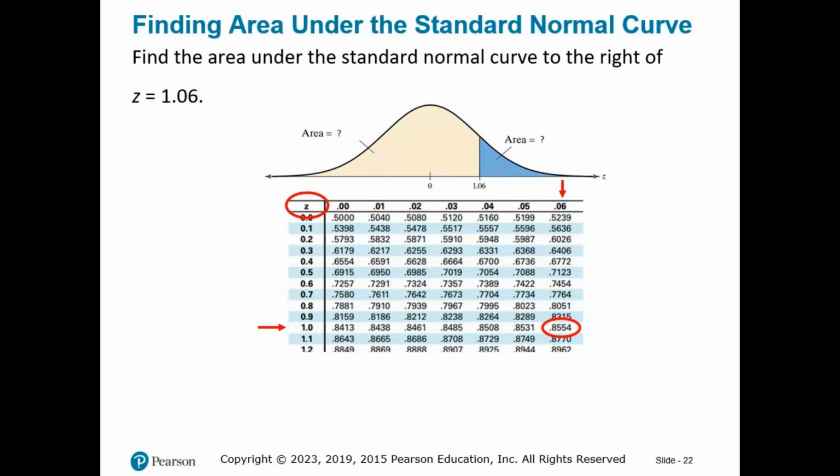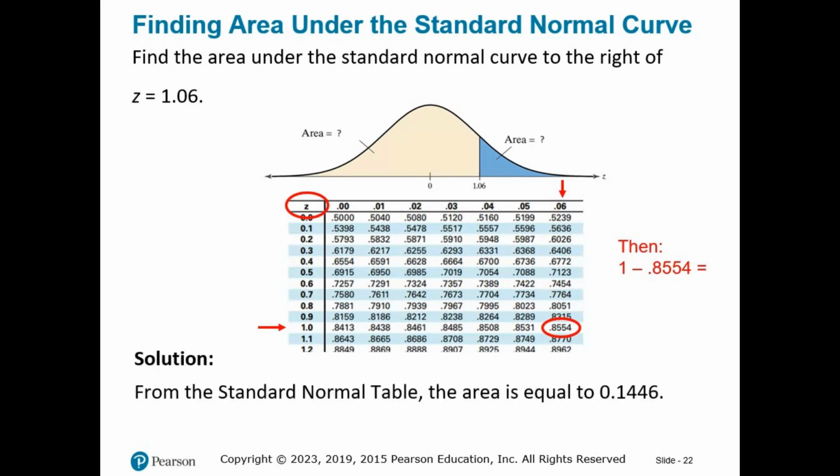Then you got to think about this, they want the area to the right of z equals 1.06. So what do we have to do next? We have to subtract that number from 1. So 1 minus 0.8554 equals 0.1446. That is your area of the blue section.